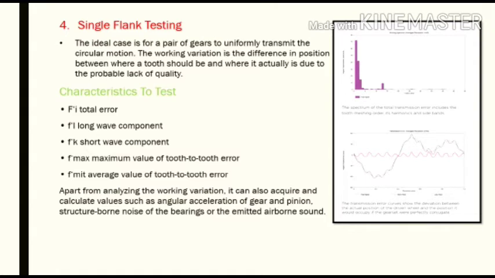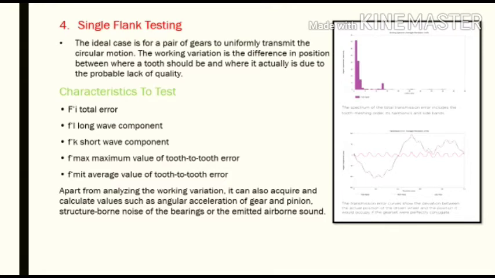Here there is a figure in which the long wave component and short wave component are clearly shown. The red line has the short waves and the purple line has the long waves. After that, the maximum value of tooth-to-tooth error and the average value of tooth-to-tooth error are similar to what we discussed in double flank testing.